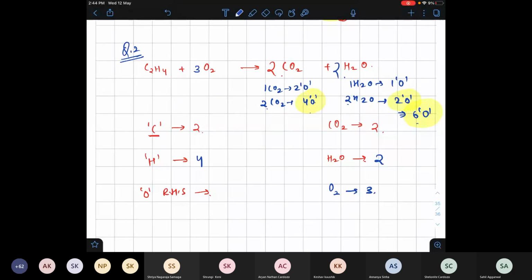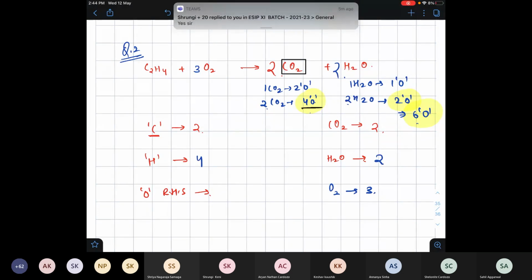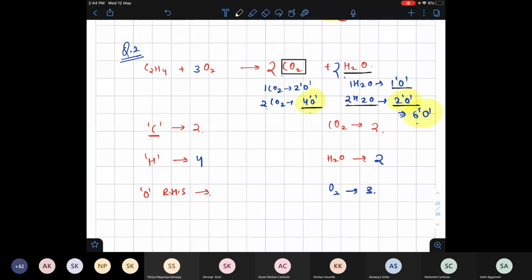See, one CO2 has 2 oxygen. Can you see it? One CO2 has 2 oxygen, so 2 CO2 will have 4 oxygen. Right, Shungi? One water has 1 oxygen, so 2 water will have 2 oxygen.